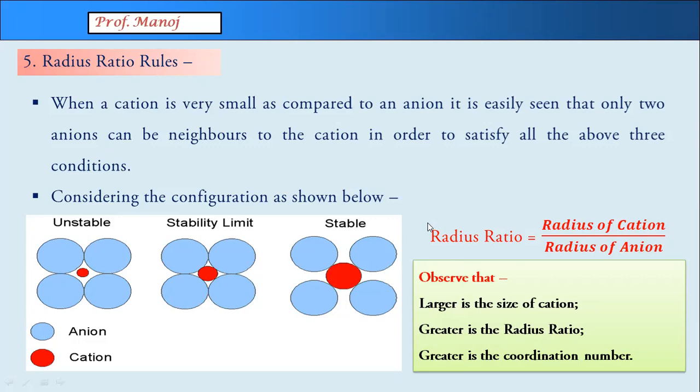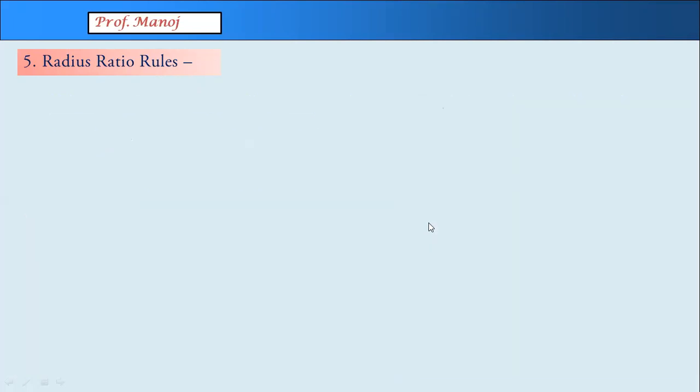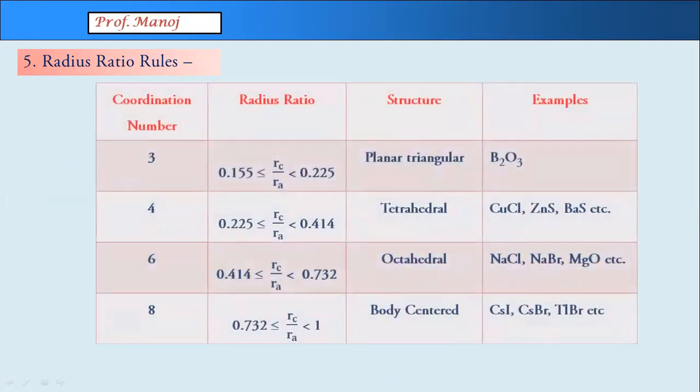Now to decide exactly what sort of system we get, we have this table to learn by heart. Now watch this table very carefully and you have to remember it by heart for NEET and JEE. This particular cation upon anion ratio, if it is less than 0.155 to 0.225, the system can have coordination number 3.